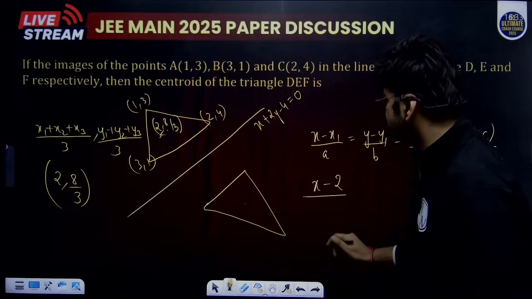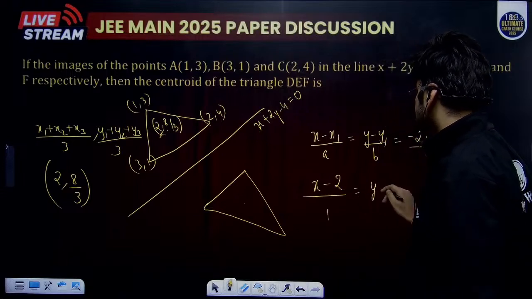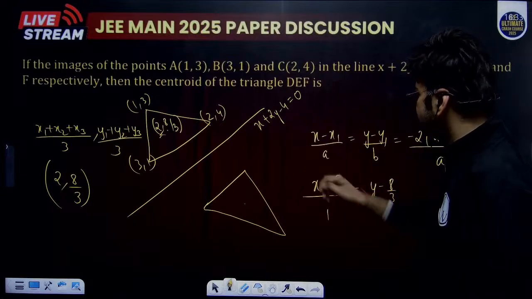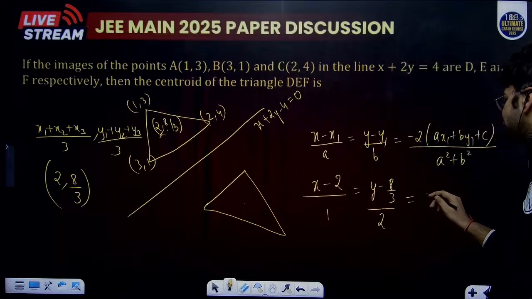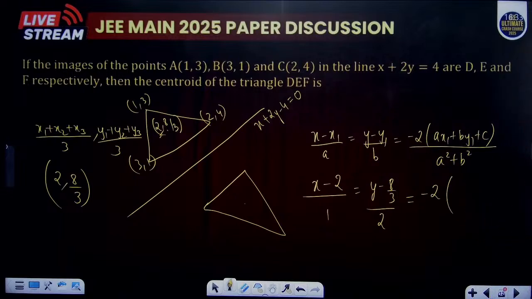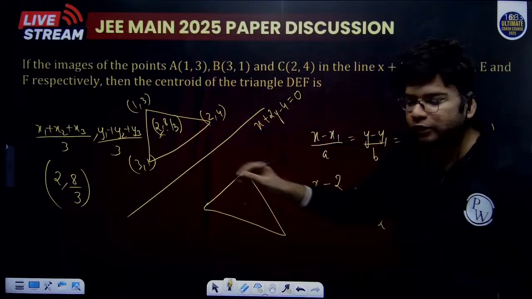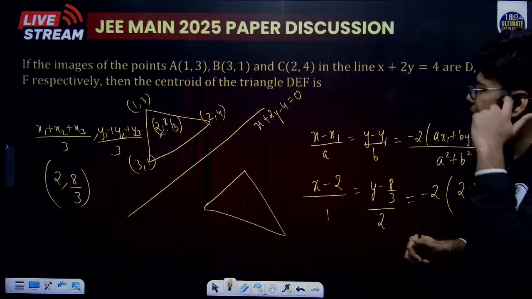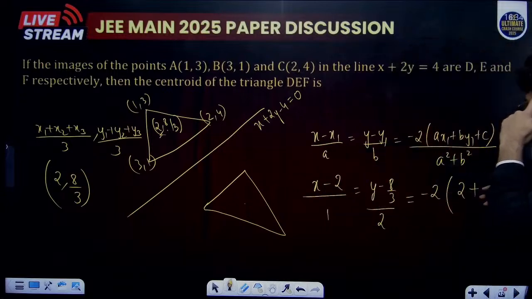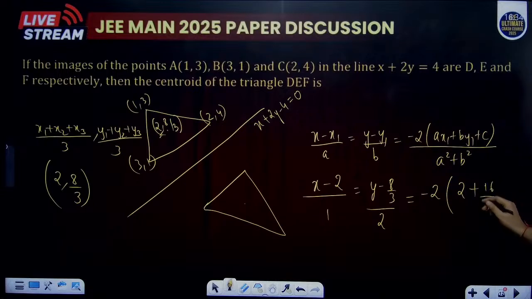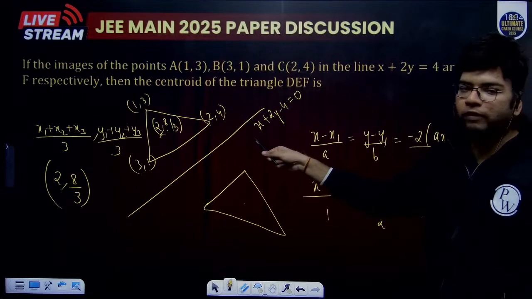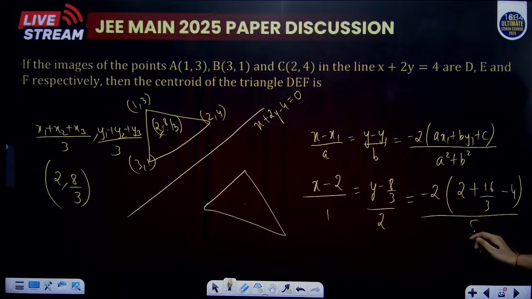So this is (x - 2)/1 = (y - 8/3)/2, which is equal to -2 times (ax1, 1 multiplied by 2, plus b multiplied by this 8/3 into 2, so we'll get 16/3, plus c, which is given as -4) upon a² + b². So 1 square plus 2 square, this will come out as 5.